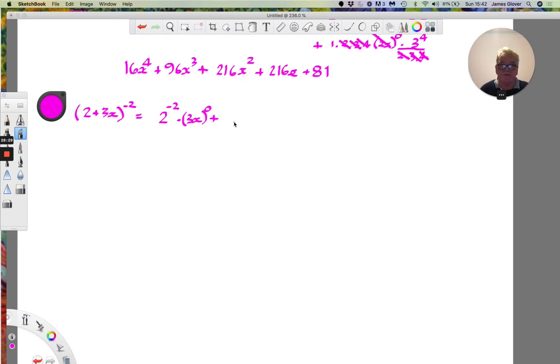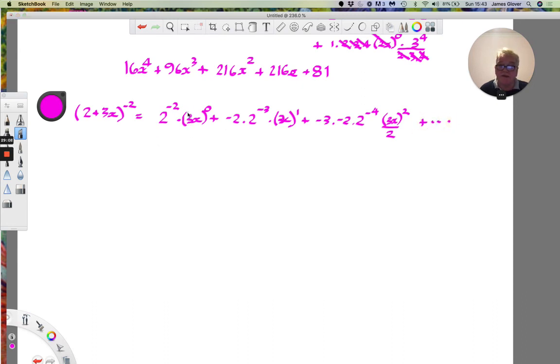Got minus 2 times 2 to the power of minus 3, we're reducing the power by 1, times (3x) to the power of 1, plus, differentiate again, minus 3 times minus 2 times 2 to the power of minus 4, times (3x) to the power of 2 over 2, so we integrate that. And we can go on.